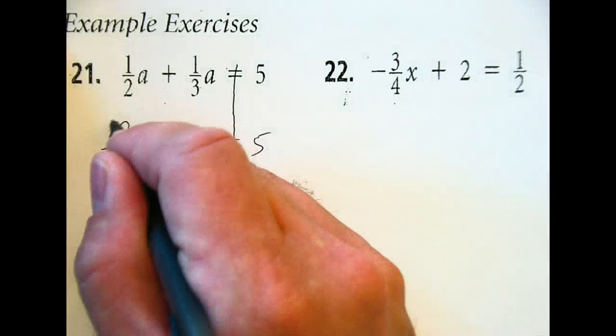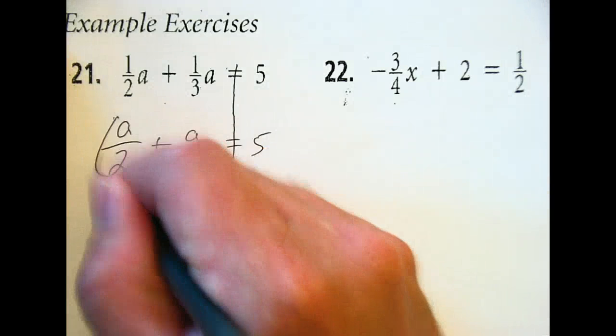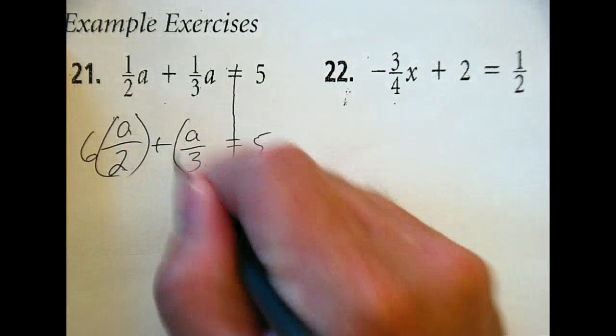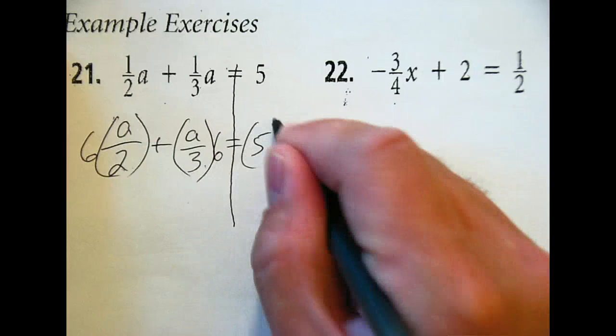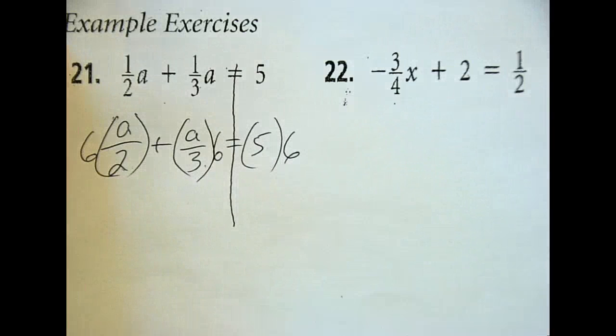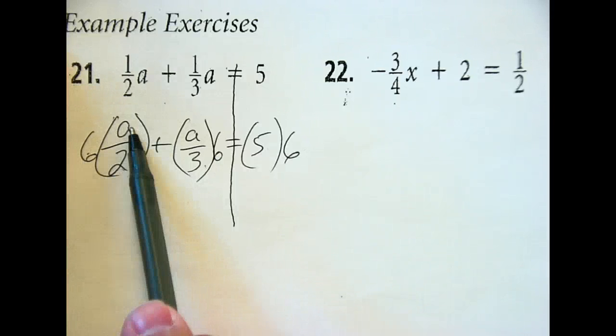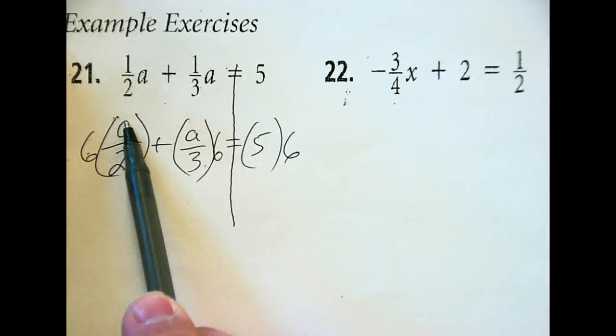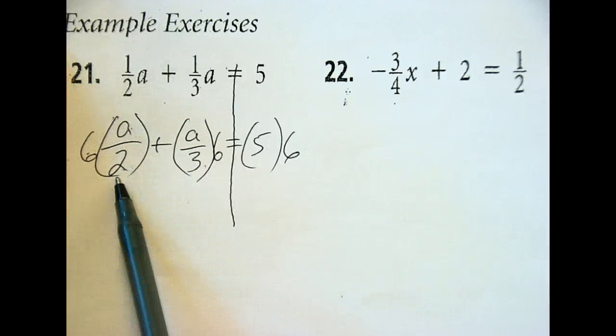So I've got to multiply this thing by 6. I've got to multiply this thing by 6. And I've got to multiply that thing by 6. And remember, when you're multiplying by a whole number, here I'm going 6 times A. What's 6 times A divided by 2?